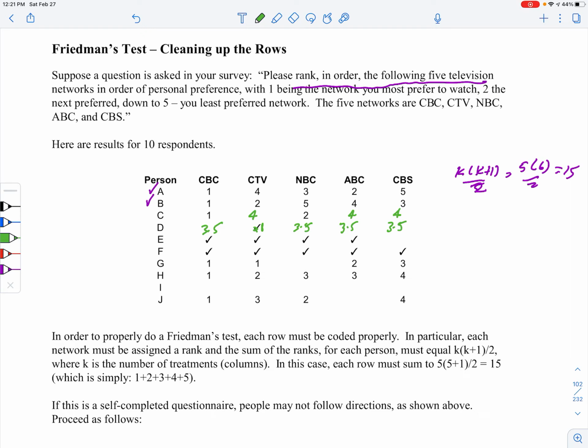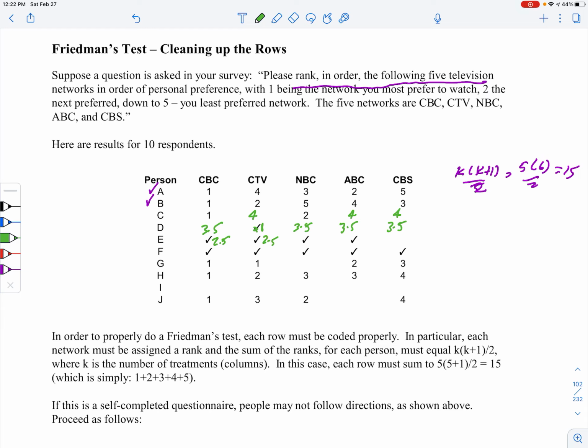Okay, the next one here is somebody who checkmarked 4 of them and left 1 blank. So what we have here is that they've got 4 that they watch. They're indifferent between them. So they would be your 1st, 2nd, 3rd, and 4th values. So 1 plus 2 plus 3 plus 4 divided by 4 values gives them 2.5s.